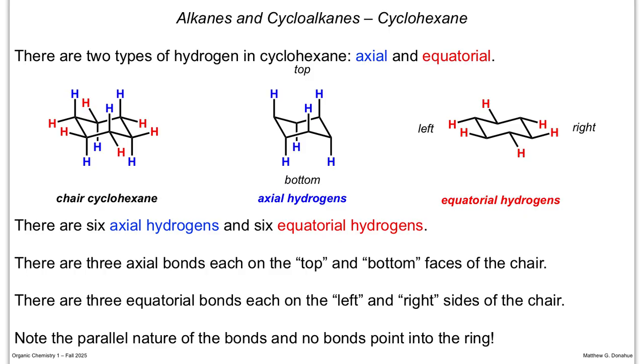Is it 1,2, 1,3, or 1,4? And then of that, which chair flip is the most stable? So when we were talking about acyclic conformers having 2, 3, or 4, which one's the most optimal? We're going to do the same thing with these chairs.